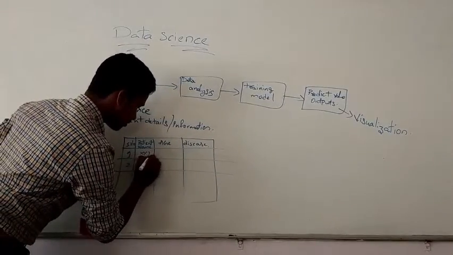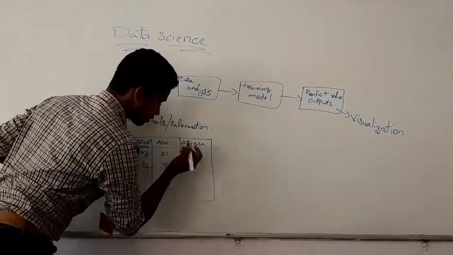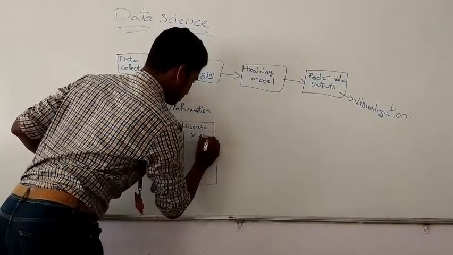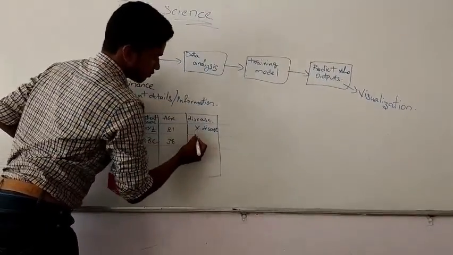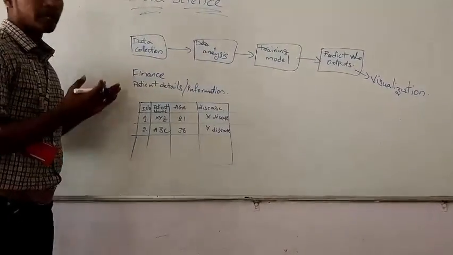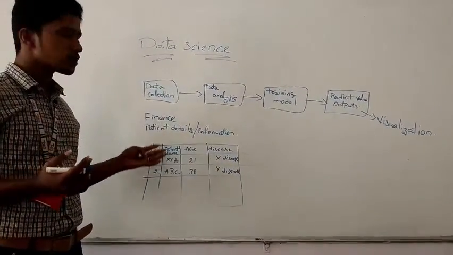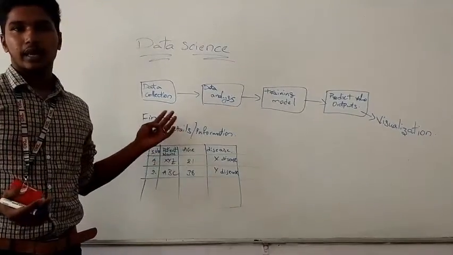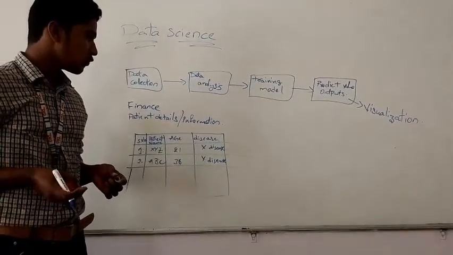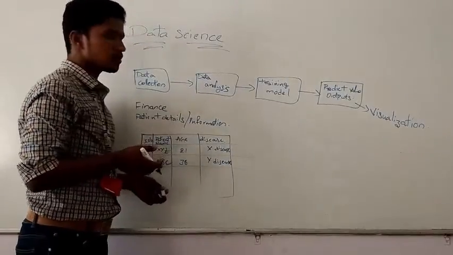Some exposure, immunity of 21 and 36, and person A got X disease, and person B got some Y disease. If you want to classify how many members got X disease and how many members got Y disease, we can use data science to reduce our time, because it can take this task in 2 to 3 minutes. But if we do it manually, it may take a lot of time. So we can use this easily.